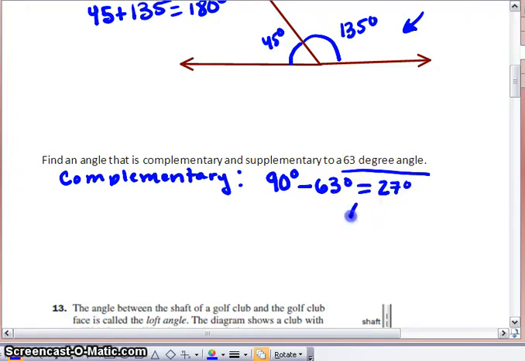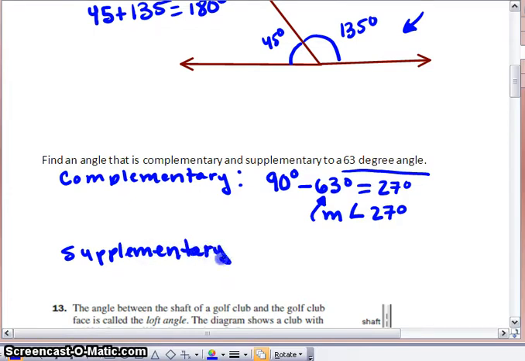So an angle that measures 27 degrees would be complementary to an angle that's 63 degrees. Now it also asked us to find an angle that's supplementary. Well, if it's supplementary, then they need to add up to 180 degrees.